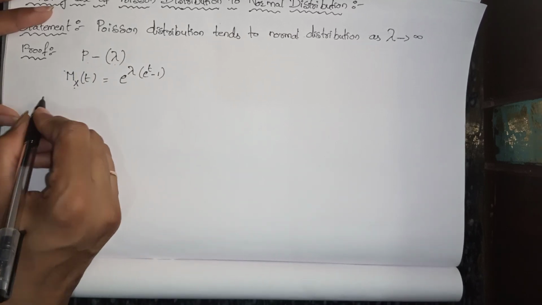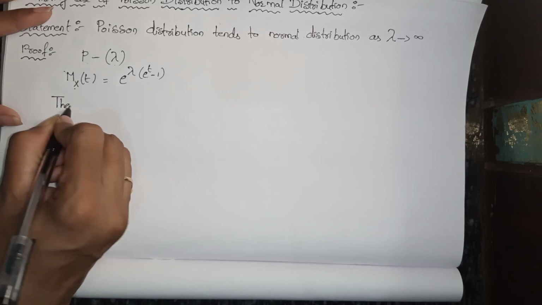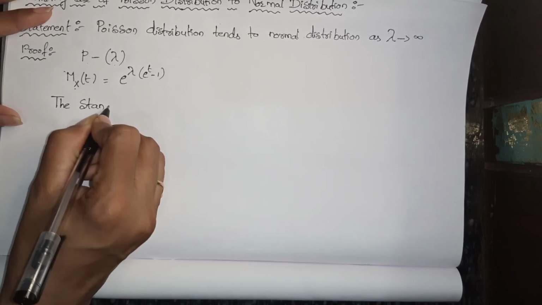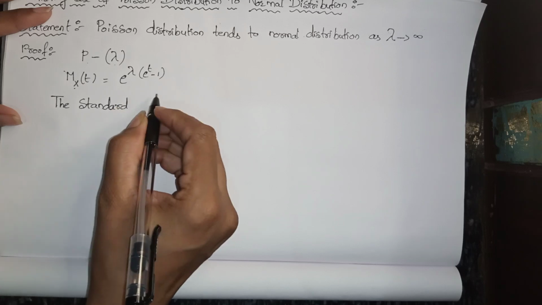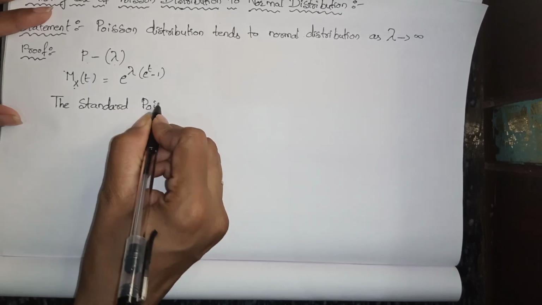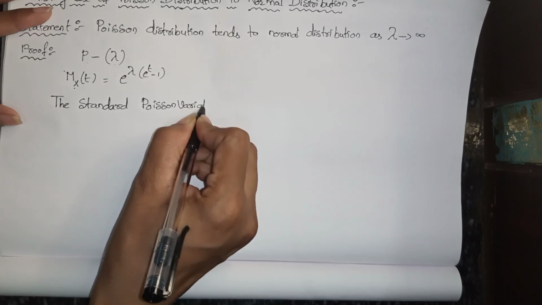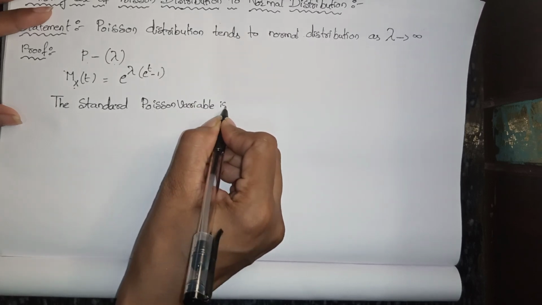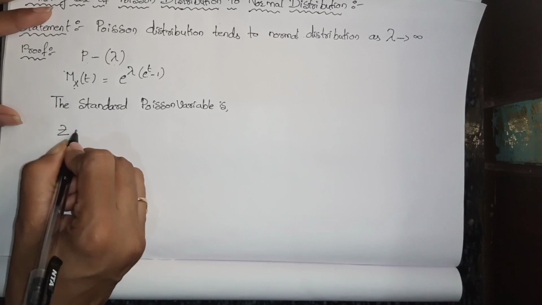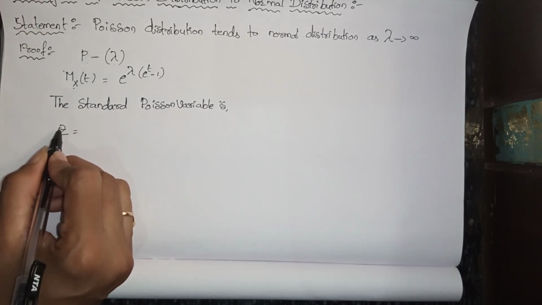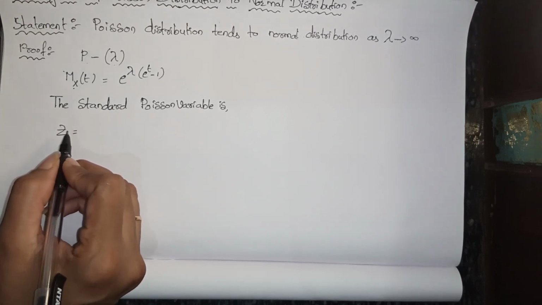Now the standard Poisson variate. Standard in the sense that the z variable will come.